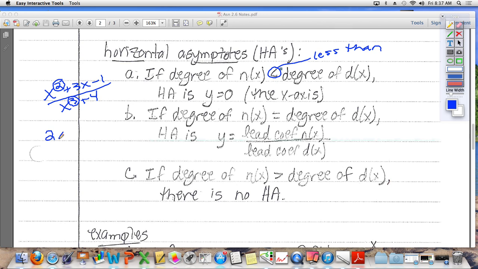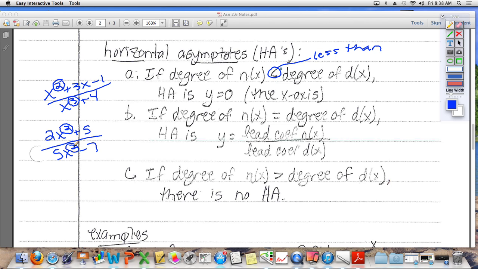You have 2x squared plus 5, and on the denominator, let's do 5x squared minus 7. What is the degree of the numerator? 2. The highest power is 2. What's the degree of the denominator? 2. The degree of the numerator and the denominator is exactly the same.